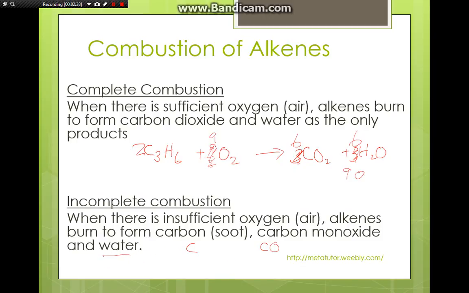Again, you will not be required to write out balanced equations for incomplete combustion if you do not have information on the ratio of carbon to carbon monoxide. So just focus on the writing of equations for complete combustion. Having said that, it is not likely we will use alkenes for burning of fuels, right? Because they do not burn as well as alkanes.